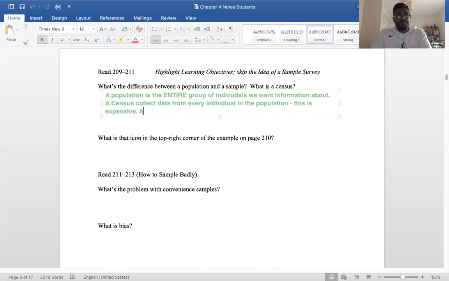A sample is a subset of individuals from the population in which we want to collect data from.